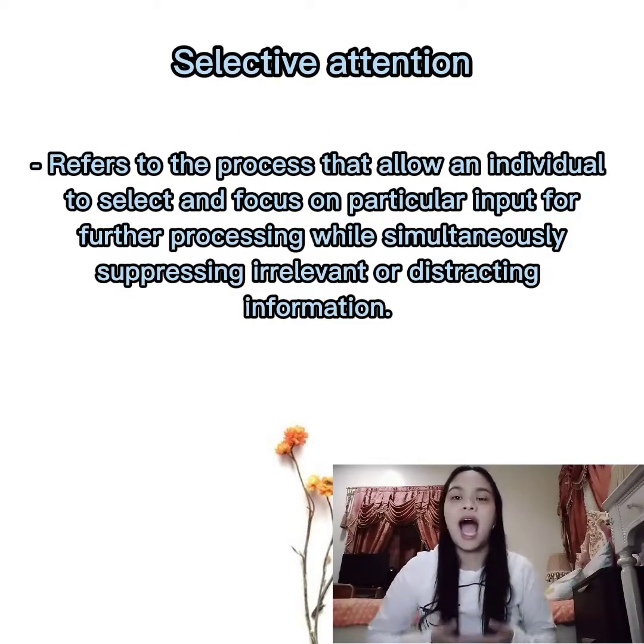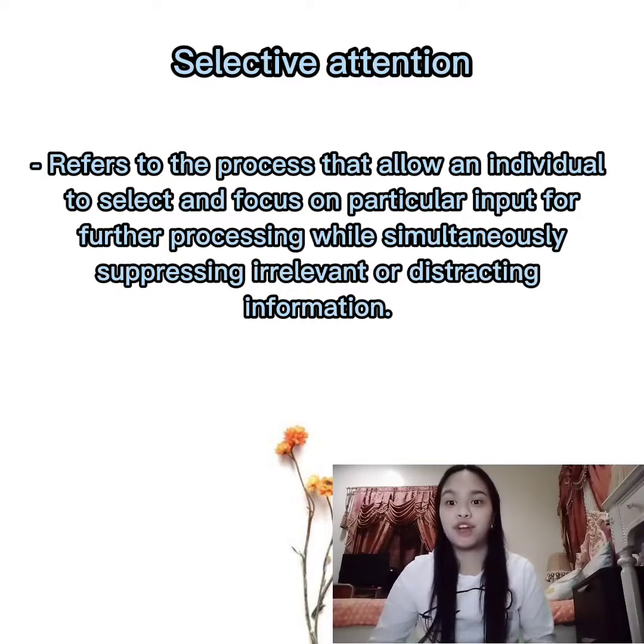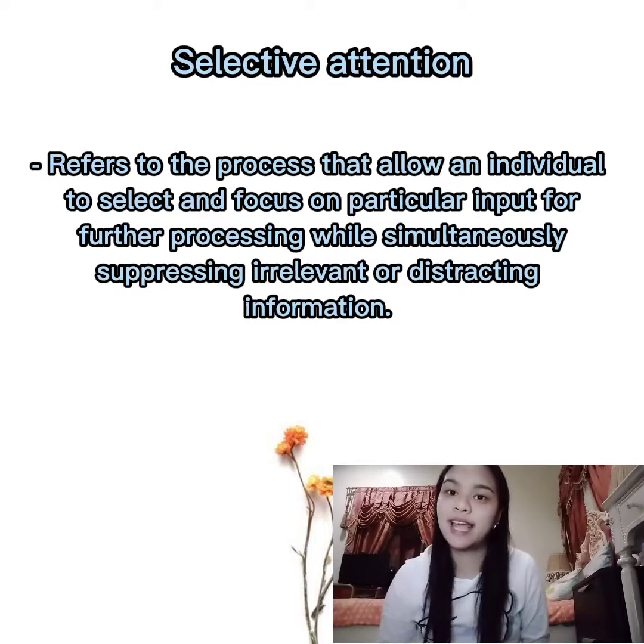So today, I will show you one of the examples of children's powers of attention, which is selective attention. But first, let me tell you what selective attention is. Selective attention refers to the processes that allow an individual to select and focus on particular input for further processing while simultaneously suppressing irrelevant or distracting information.